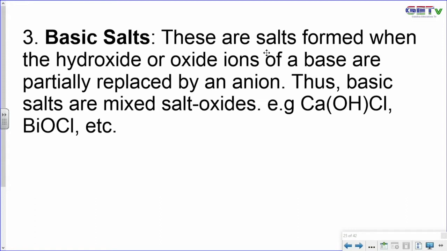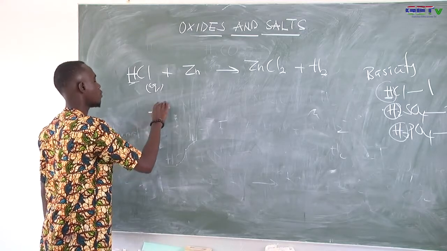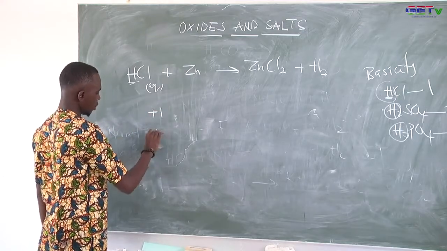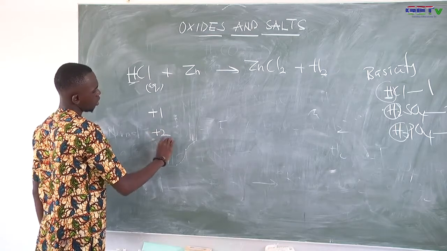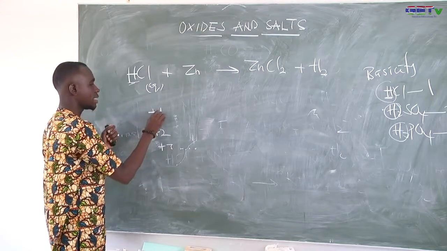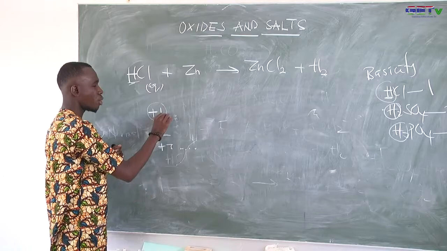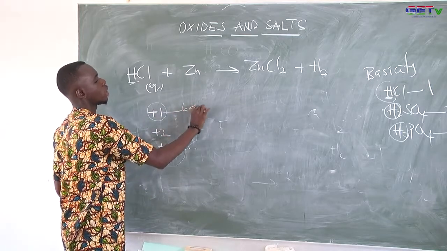Now in the basic salts, we have elements with oxidation numbers of +1. We also have elements with oxidation number of +2 and also +3 and the like. So any element that is having oxidation number of +1 cannot form basic salt.